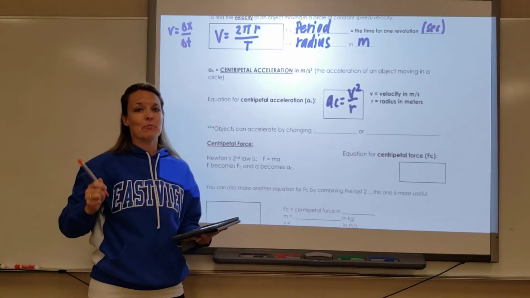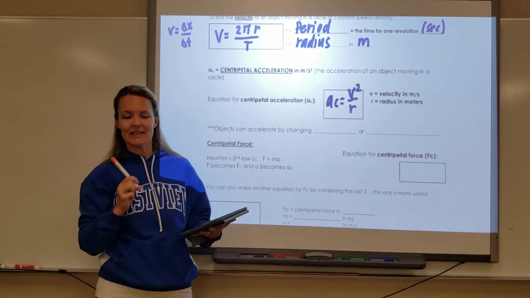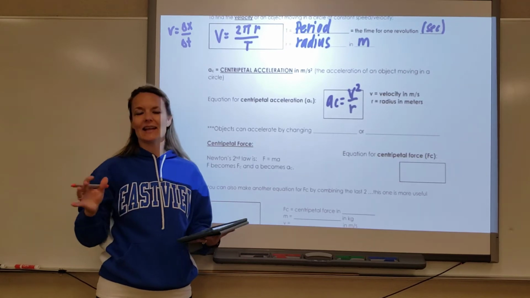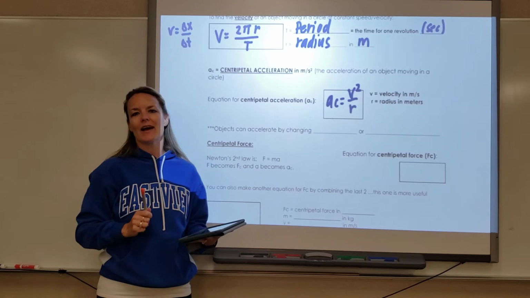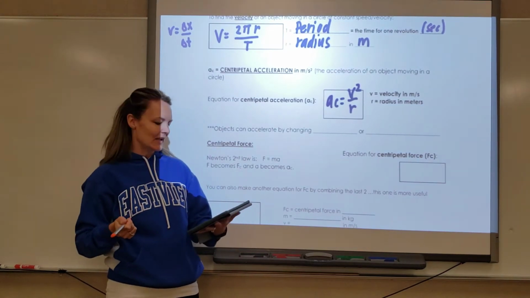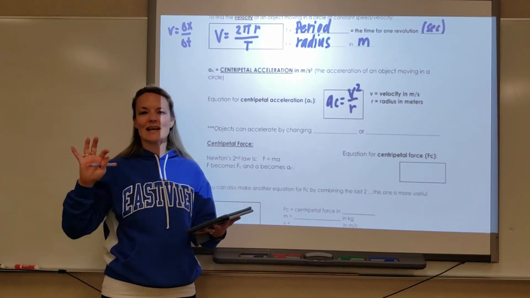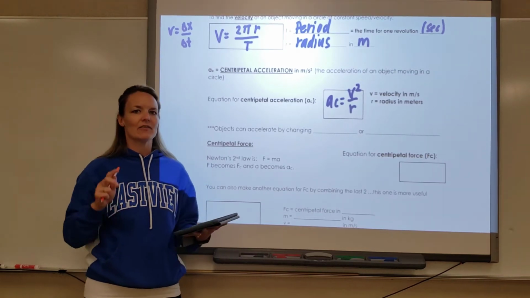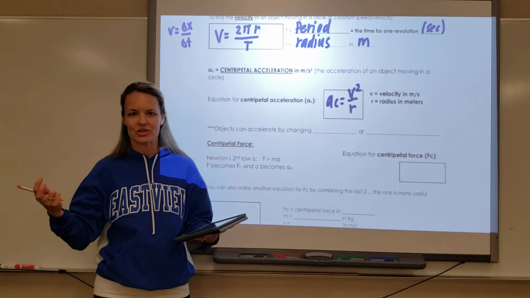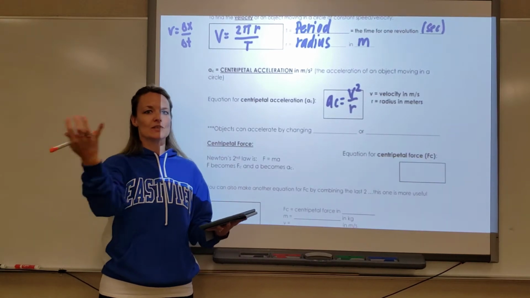The neat thing about circular motion is objects can accelerate even though they're moving at constant speed or constant velocity. And that is because by its definition, acceleration is a vector, which means it can have a change in speed or direction. It doesn't change speed, it moves at a constant speed.